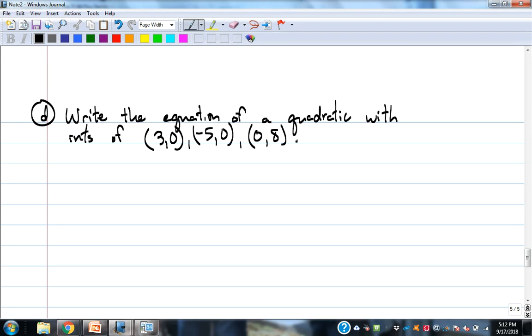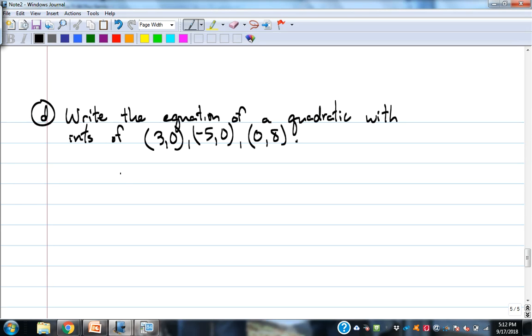Intercept form. If they had given me a vertex, what form should I start with? Vertex form. Okay, so that's the only two scenarios you can get, intercepts or a vertex. They gave us intercepts. We're going to start with the intercept form.